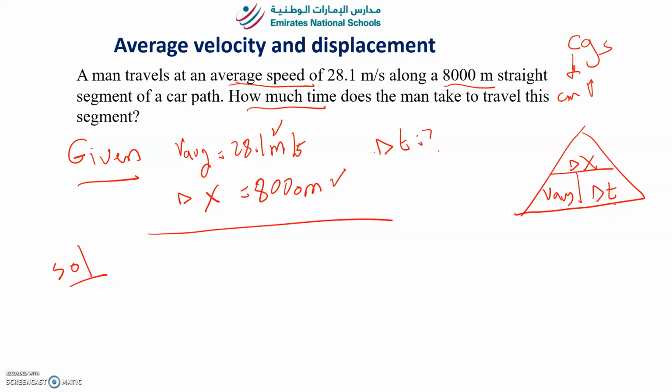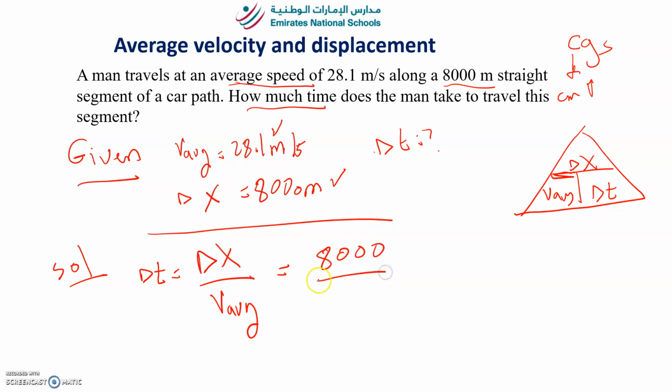Write the formula and substitute. So delta t will equal delta x on the top divided by V average. Delta x is 8,000 divided by V average, 28.1, in meter per second.